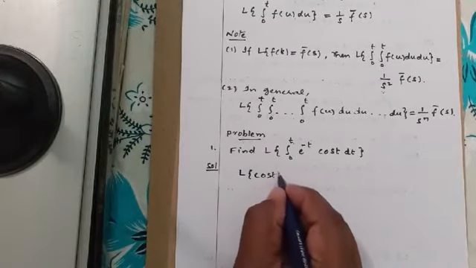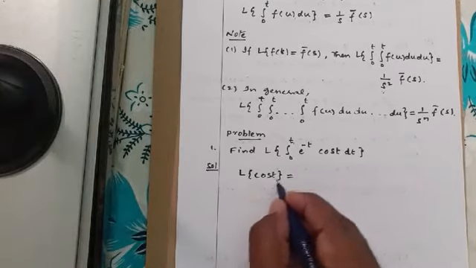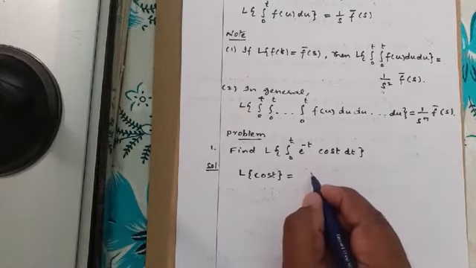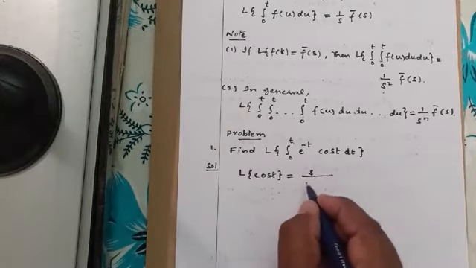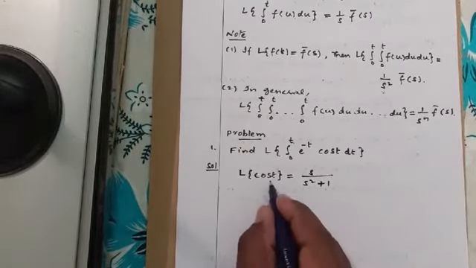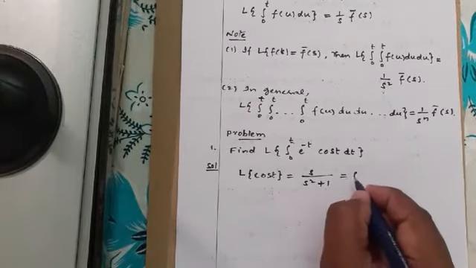This is f of t. Laplace of f of t we find first. As you know, the formula of Laplace of cos at is s upon s square plus a square. So I write here s upon s square plus 1 square, that is 1, because a is 1 here. Now we got f bar s.